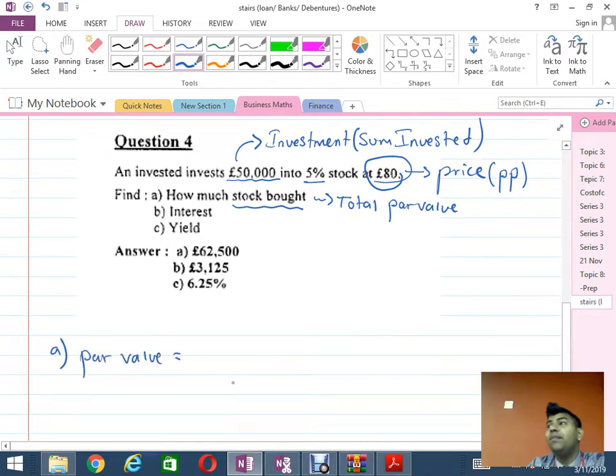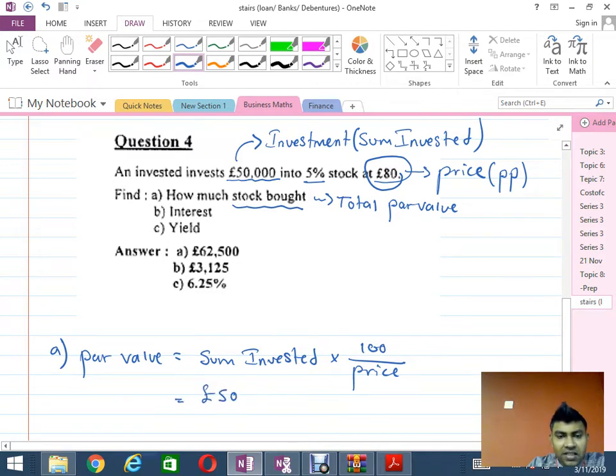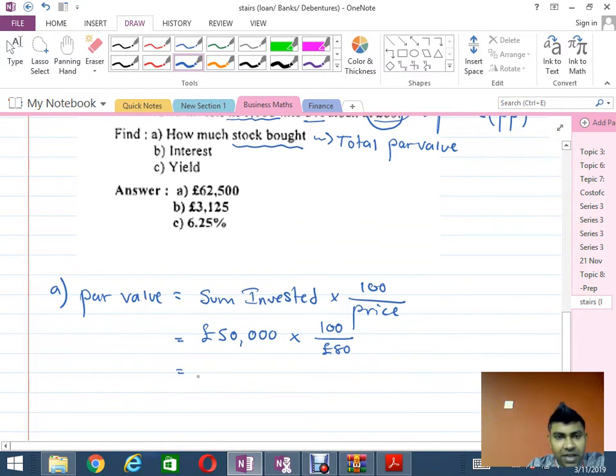You take your sum invested times 100 over price. My sum invested is 50,000 times 100 over 80. So check, you should be able to get 62,500.